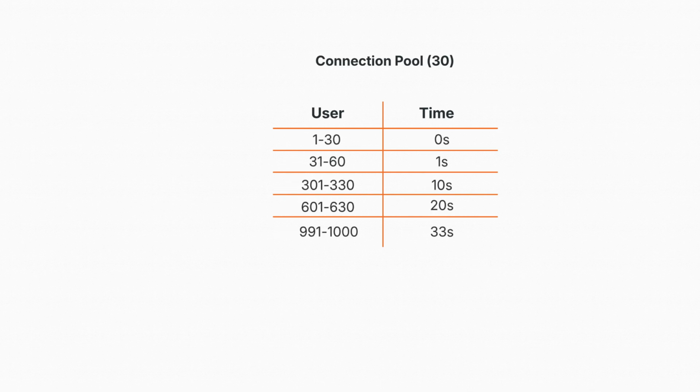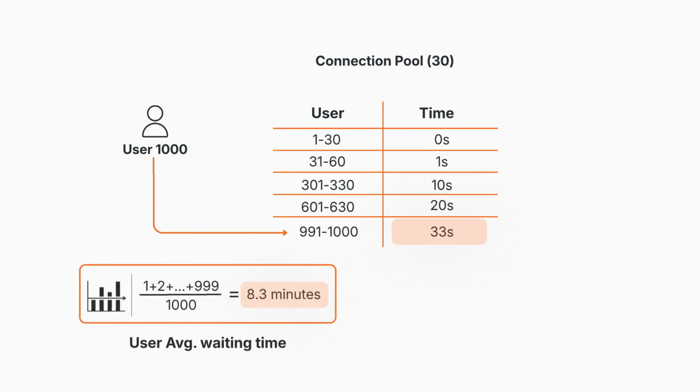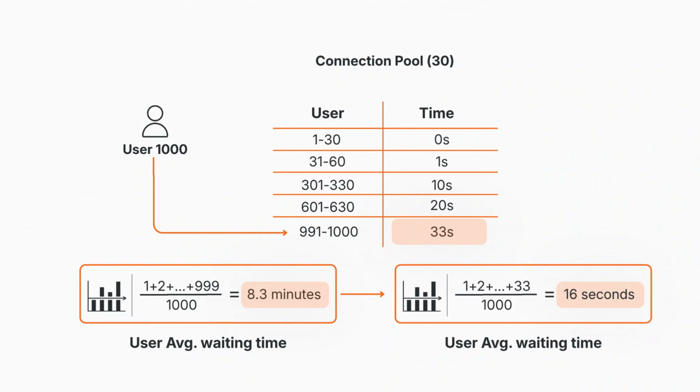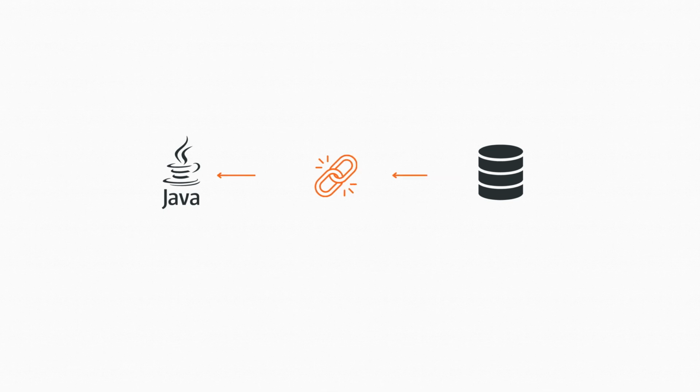As a result, the last user waits only about 33 seconds and the average waiting time drops from 8.3 minutes to just 16 seconds. This is the power of connection pooling. Instead of creating new connections repeatedly, we reuse existing connections and process multiple requests simultaneously.